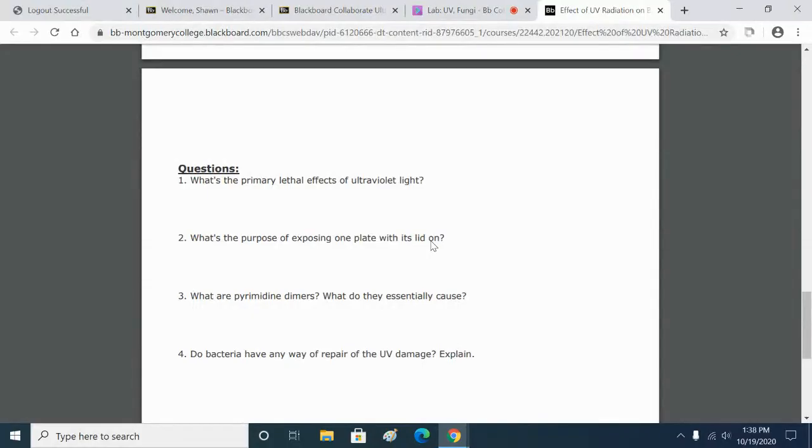Well, no, not for protection, because it really doesn't protect very well, right? But you work with polystyrene petri dishes all the time, and you're growing your cultures. Isn't it a good idea to know if the lid protects against UV? What if you work in a lab where you use a lot of UV?